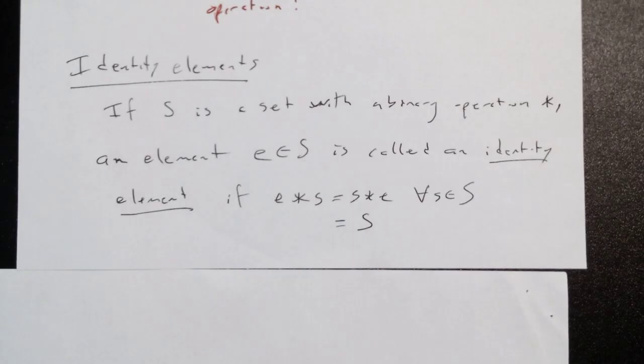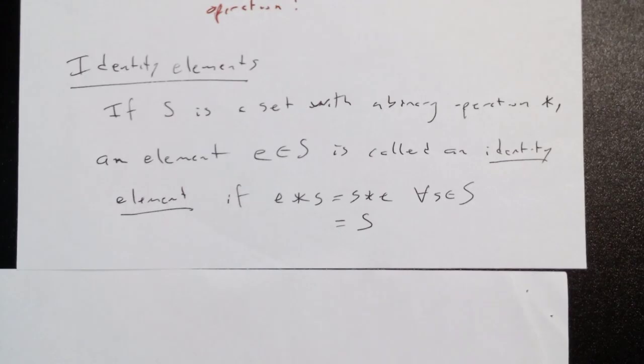Realize I didn't write all 3 conditions down. And it shouldn't matter which side you do it on. If you have an identity, it should work on the left or on the right. And it doesn't matter whether I add 0 to a number or I add the number to 0, it still gives me the same number. And it doesn't have to be integers, right? This works in the real numbers, this works in the complex numbers, this works in the rational numbers, because 0 is in all of those things.